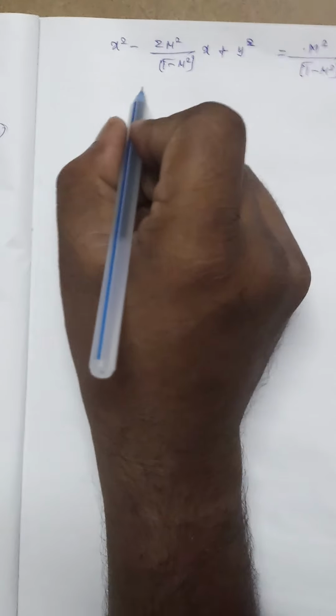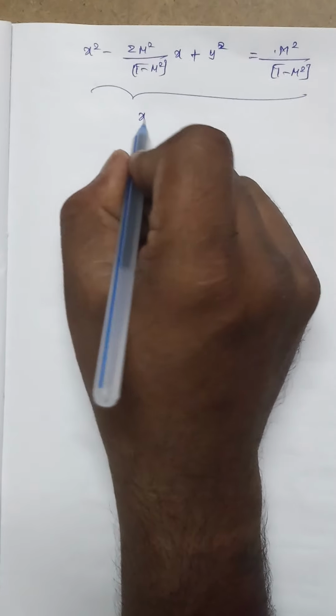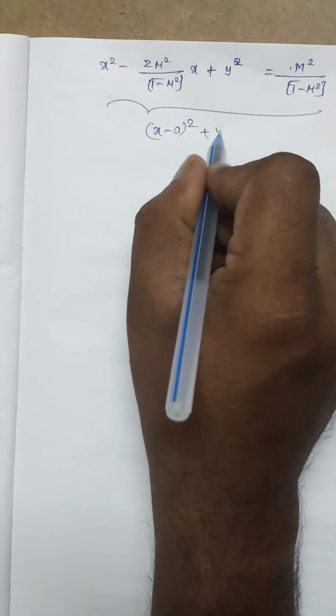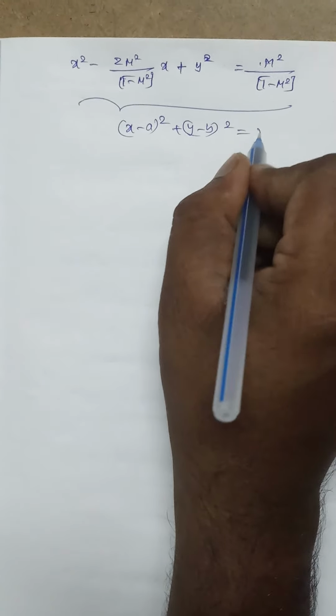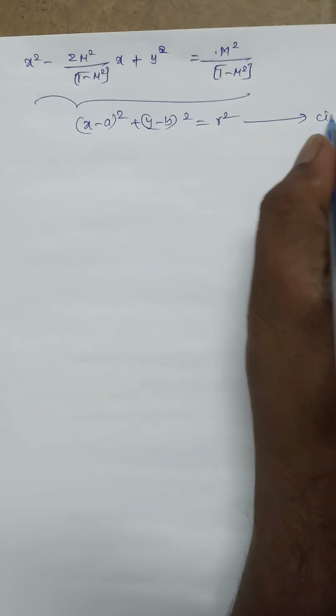I need to write this equation in the form (x minus a) whole square plus (y minus b) whole square is equal to some r square, which represents the circle equation.